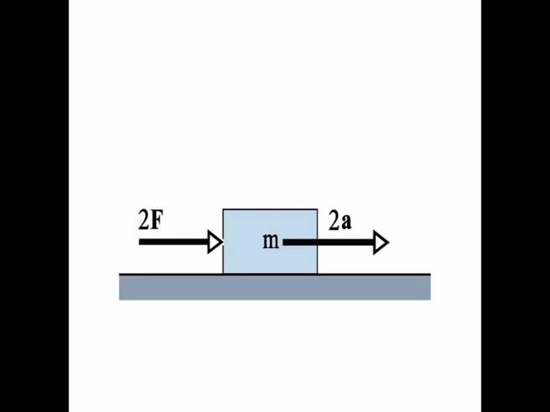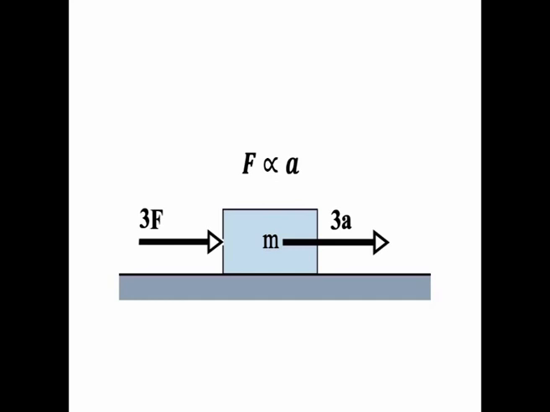If you increase the applied force to 3F, the acceleration triples, and so on. From such observations, we conclude that the acceleration of an object is directly proportional to the force acting on it.